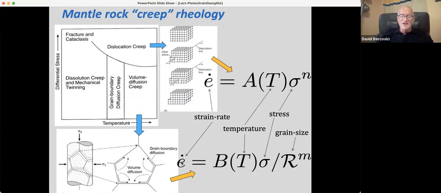When it comes to grain size or diffusion creep on the bottom, if I stress something, it deforms, but the smaller the grain size, so it goes as 1 over grain size to some power, the faster it diffuses, because there are more pathways to diffuse along with these disorganized grain boundaries. So grain size plays a very important role in determining whether or not something can soften, okay? Especially if the grains become very small, it becomes very convenient to deform that way.